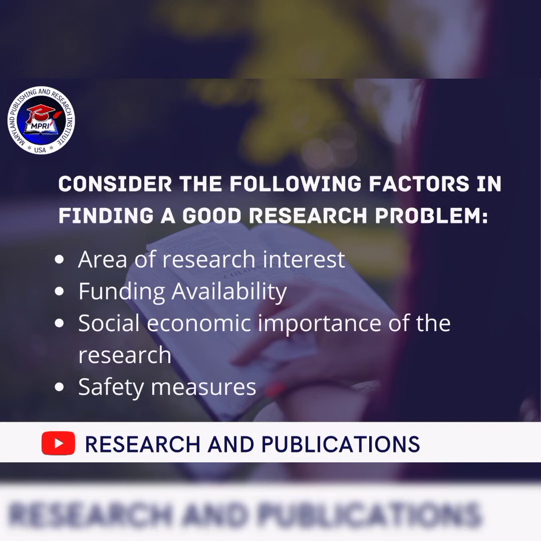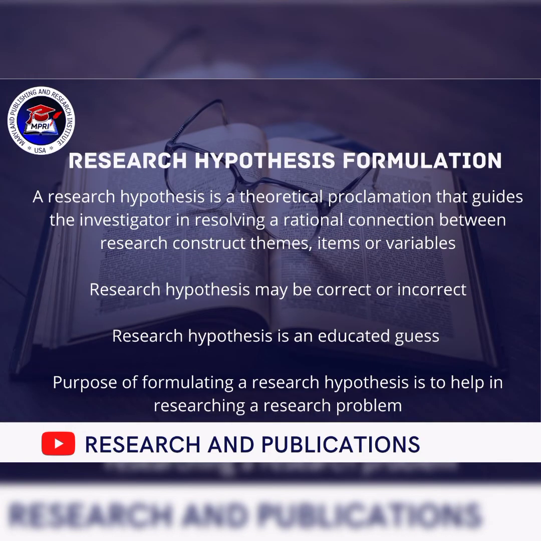Number 2, research hypothesis formulation. The next step after understanding what the problem of the research is is to come up with the hypothesis of the research. In research, a research hypothesis is a theoretical proclamation that guides the investigator in resolving a rational connection between research constructs, themes, items, or variables.